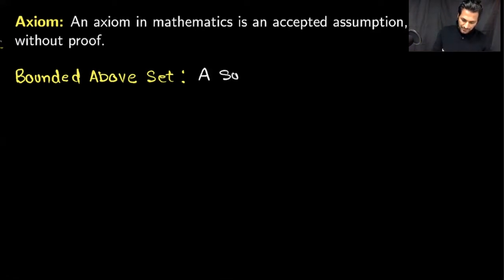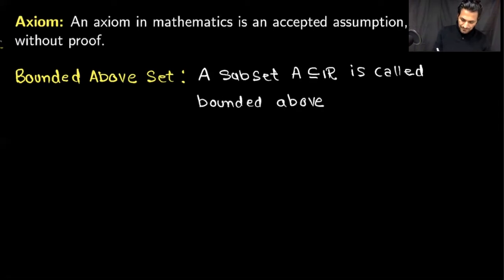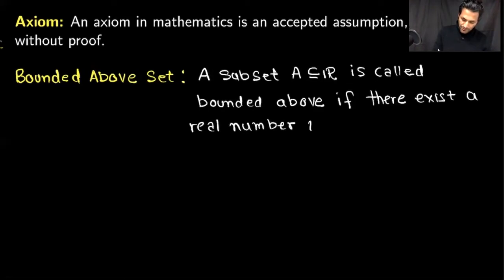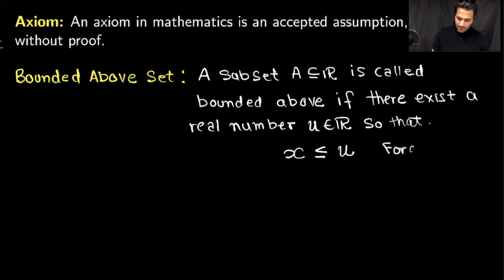A subset A of the real numbers is called a bounded above set if there exists, if we can find, a real number, which I'm going to call u, so that each element of this set is less than or equal to that real number u, for all x in A. And that u also has a name. That u is called an upper bound of the set.